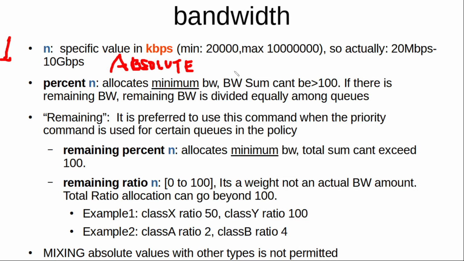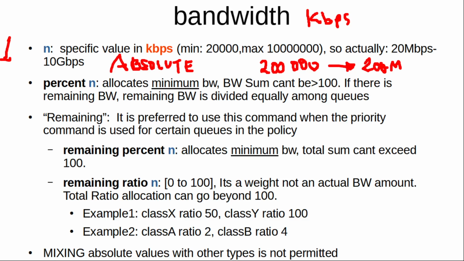For instance, if you wanted to allocate 200 megabit per second to a certain class, you will have to actually go and write down 200,000. Remember that given we are giving these numbers in kilobit per second, this will get evaluated as 200 megabits per second because we are going to multiply this by 1000.